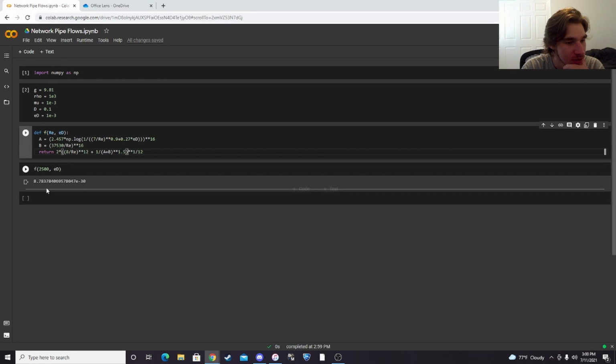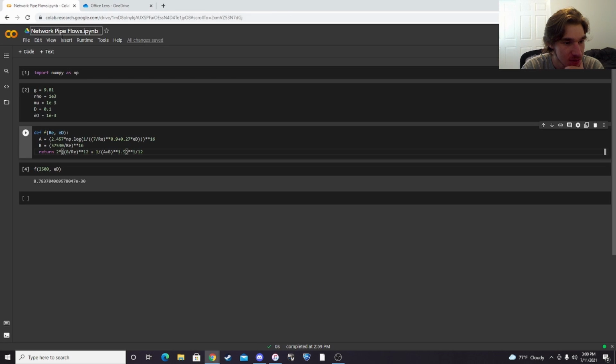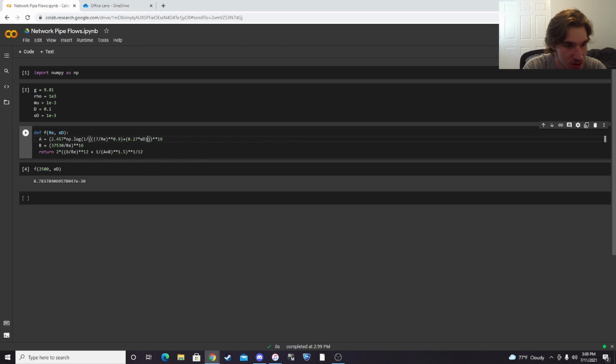I know our value should be much smaller than that. 37530 over Reynolds number. That's correct. 0.9. Let's just put everything in parentheses just to make sure. .27 times ED, which is correct.